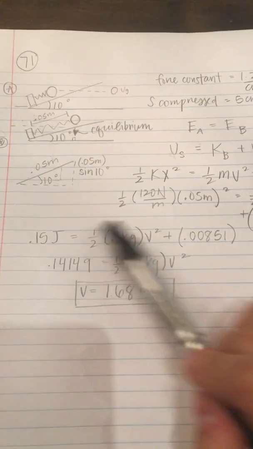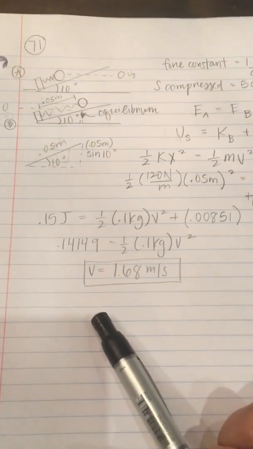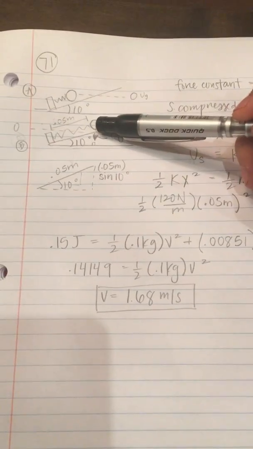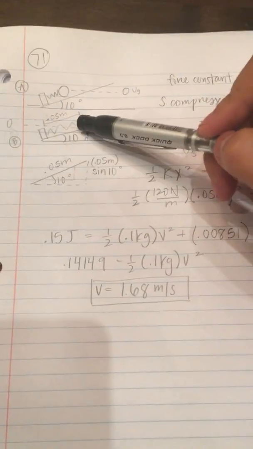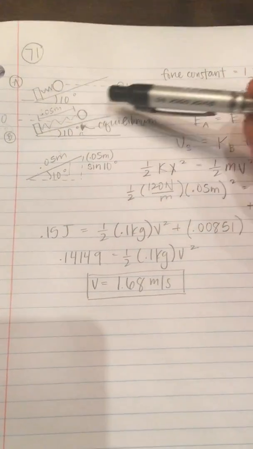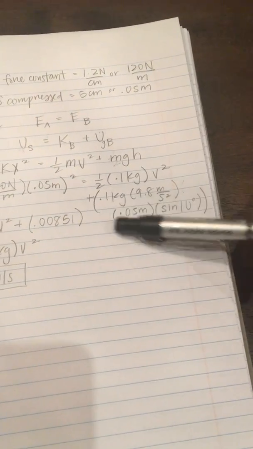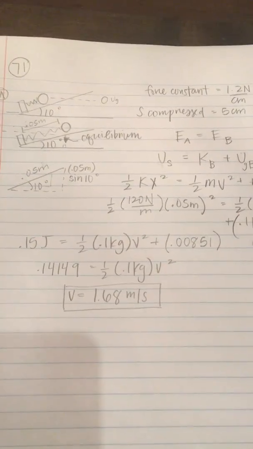And then if you solve it, you isolate the variable of v squared, you get 1.68 meters per second. So that means that at this moment specifically, when the spring is at 0.05 meters, when it's at equilibrium, and it's this above the previously demarcated line of 0, it is going at a rate of 1.68 meters per second.